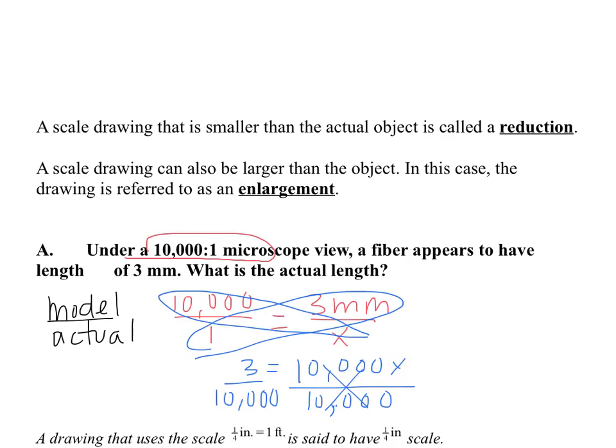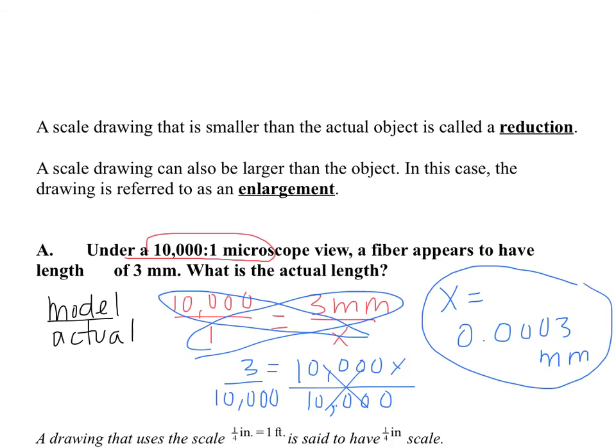So you can either move your decimal point, or you can actually do the division, and remember we need to move the decimal point however many zeros there are, and you're going to end up with 0.0003, and that would be our unit, millimeters. Okay, or tenths, hundredths, thousandths, ten-thousandths, 3 ten-thousandths of a millimeter.